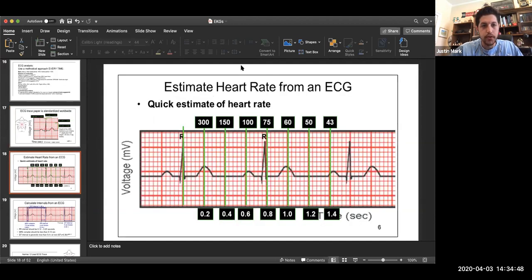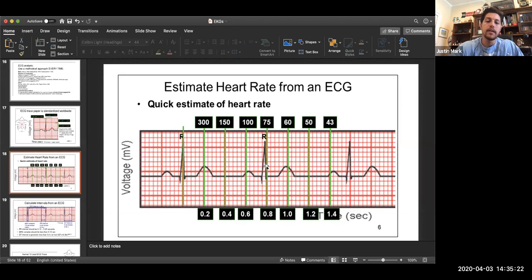Now we're going to get into actually figuring out the heart rate. So there's at least 3 ways of doing this. Basically, we take a QRS complex that falls on a thick line, and we can count down from 300 using these very specific numbers. The way that I like to do it is to count thick lines until I get another QRS complex that's either on another line or very close to another line.